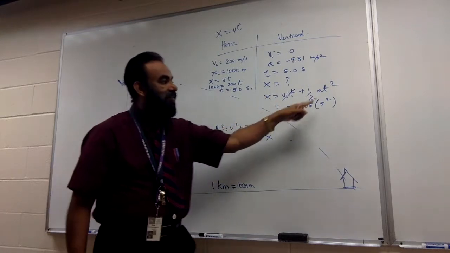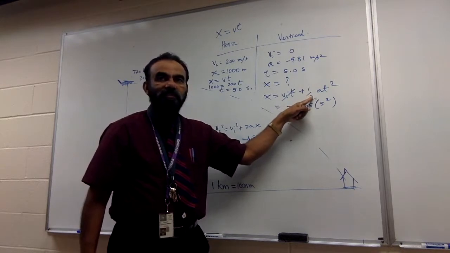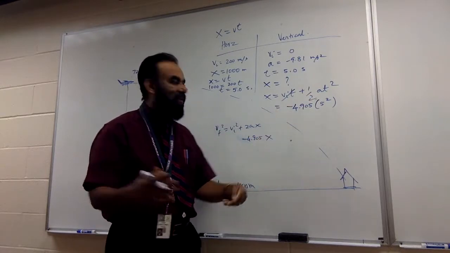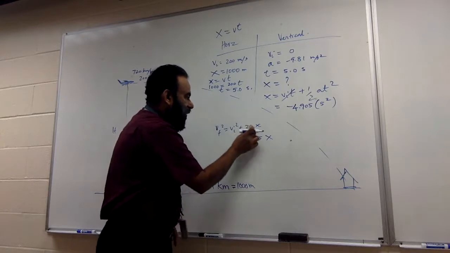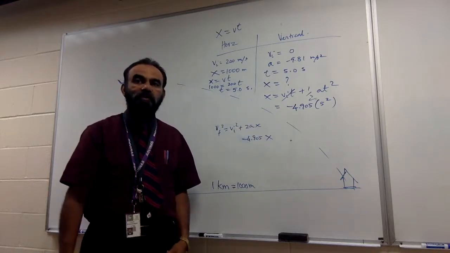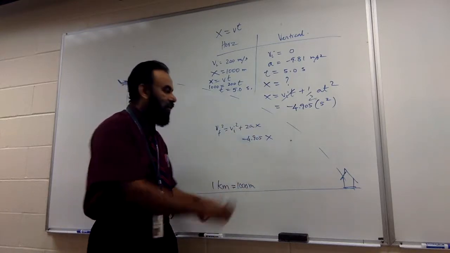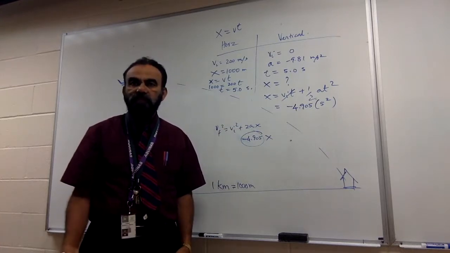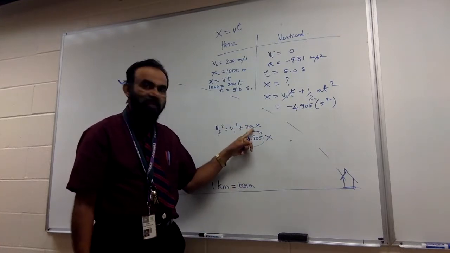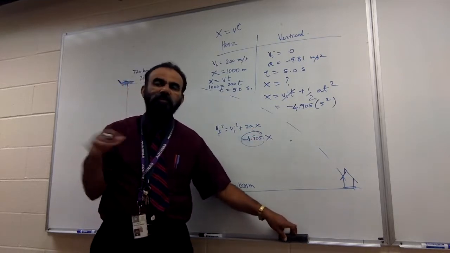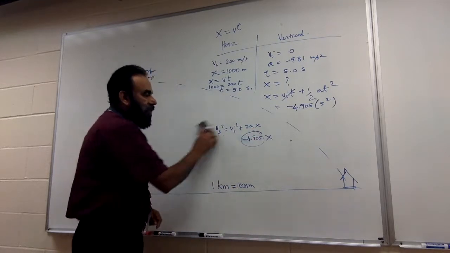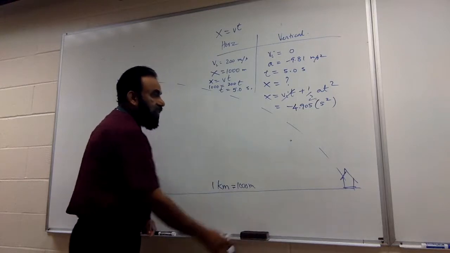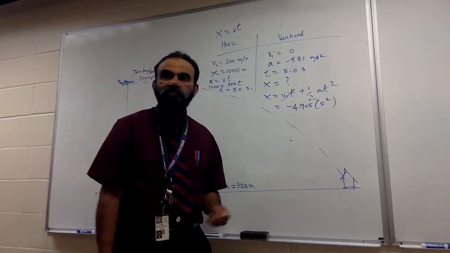It's not half. Okay, so some of you use that thing here as well as here, and because of that you went wrong. So you're writing this instead of minus 19.62. You get it? So this is 2 times x, not 1. There are many of you who have gone wrong in that particular step. That's why it's dangerous to give you shortcuts.